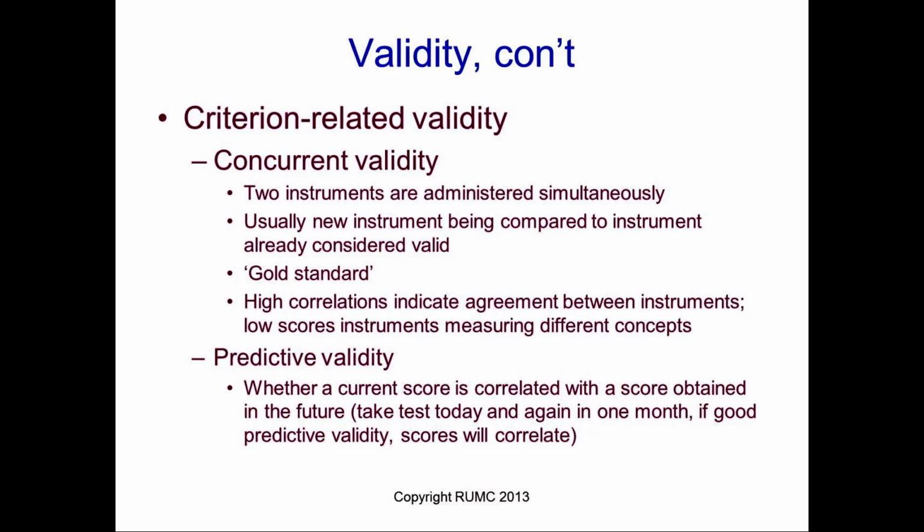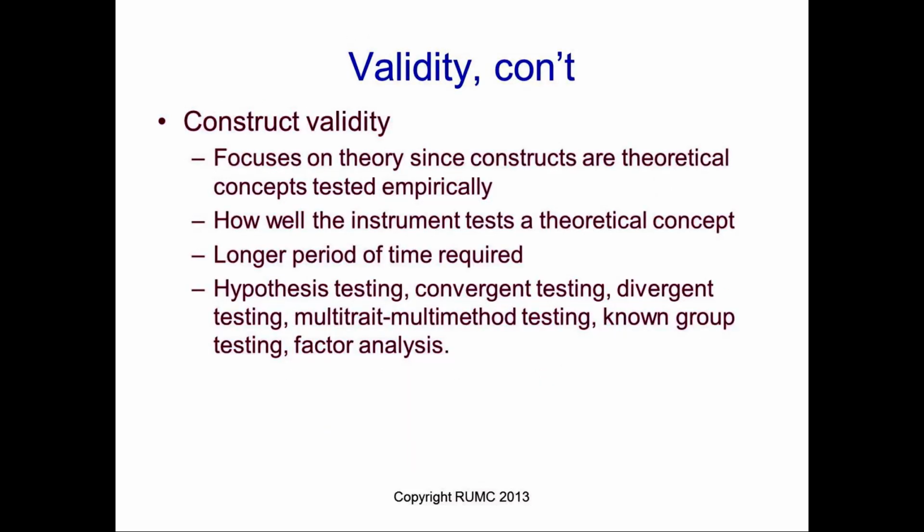And then predictive validity is whether a current score on a test or survey is going to be correlated with something that is done in the future. So if you do a stress test today and take it again in 2 weeks, are the results going to be similar or correlate?